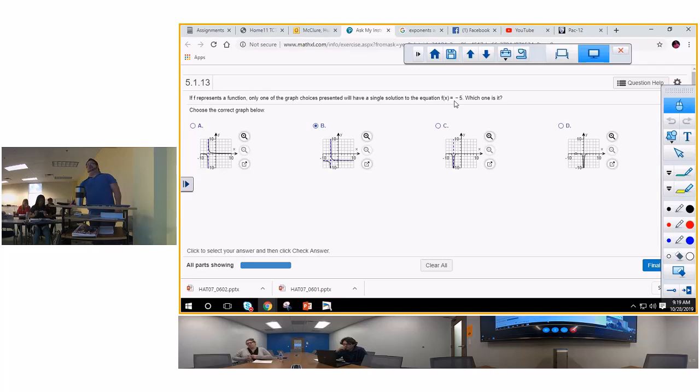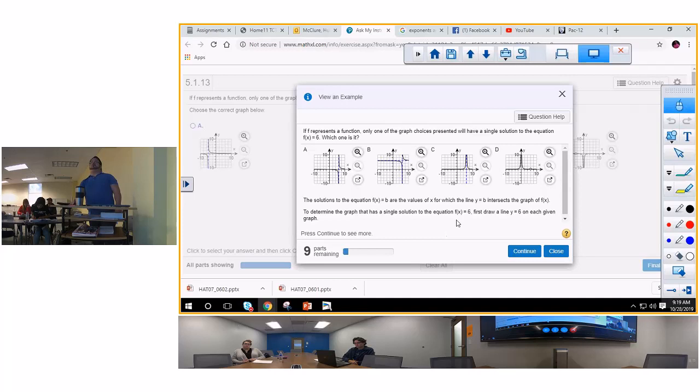-5, if f represents a function, only one of the graph choices presented will have a single solution to the equation. This question doesn't make any sense. Hold on a second. f of x is equal to b.